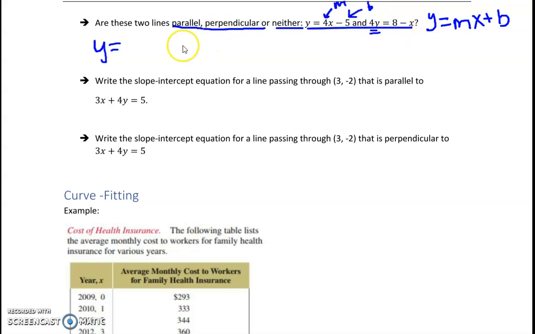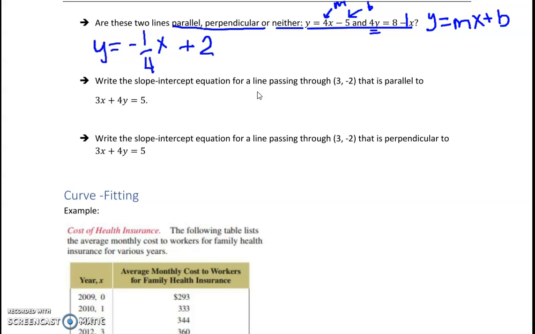I'm also going to change the order. So I have my negative x term, and its coefficient is actually 1. When I divide by the 4, I get -1/4 x. And then I have plus 8, but dividing by 4, that becomes a 2. So for our second line, the slope, or the m, is -1/4, and the y-intercept is 2.